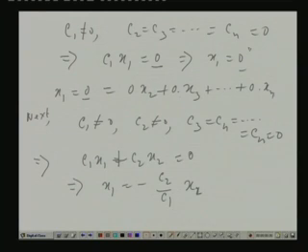Which means, if you cannot get non-zero solutions for C1 to Cn, then the set cannot be dependent, which means the set is linearly independent if the only solution is C1 equal to 0, C2 equal to 0, Cn equal to 0. The moment that is violated, a linear relation will emerge.